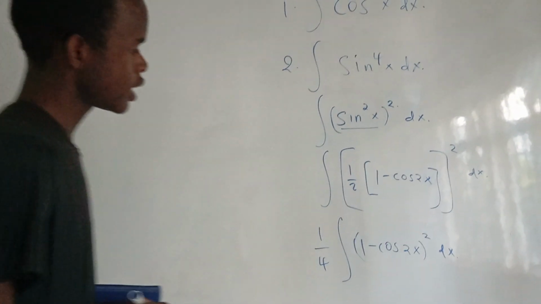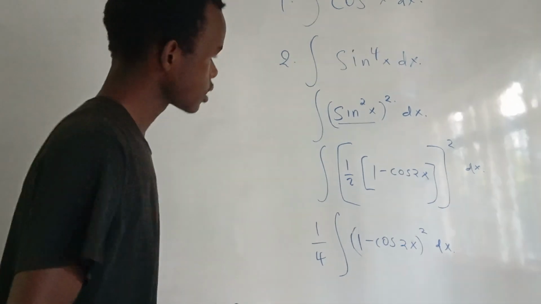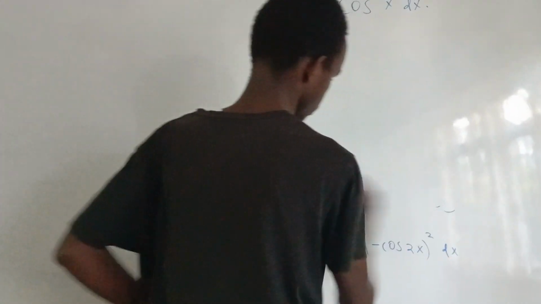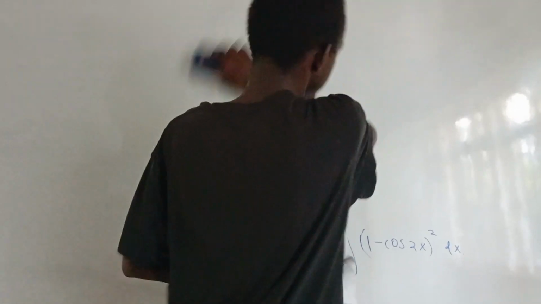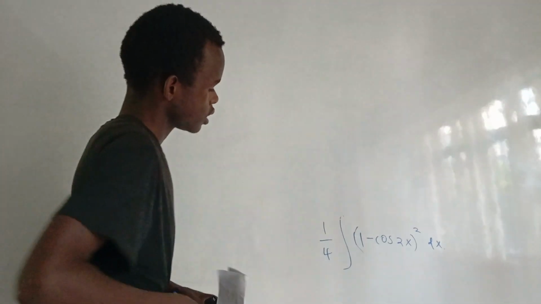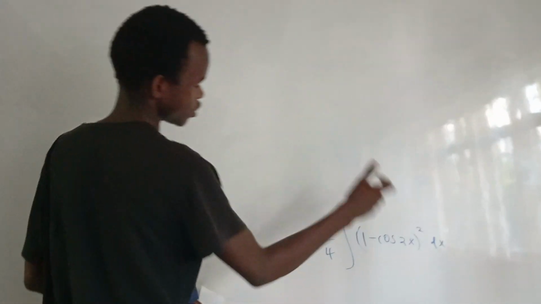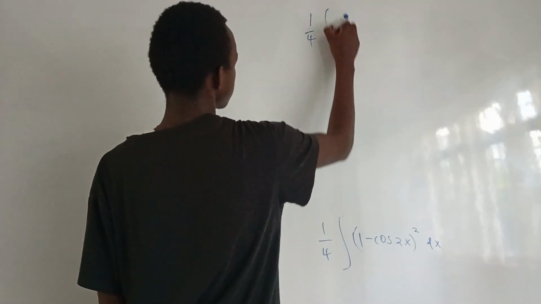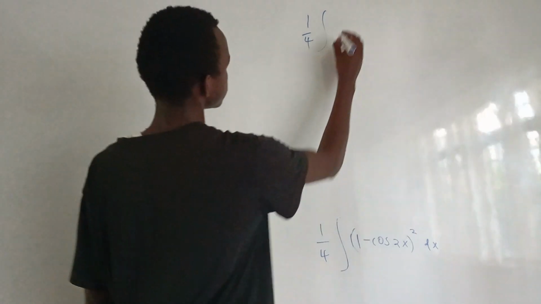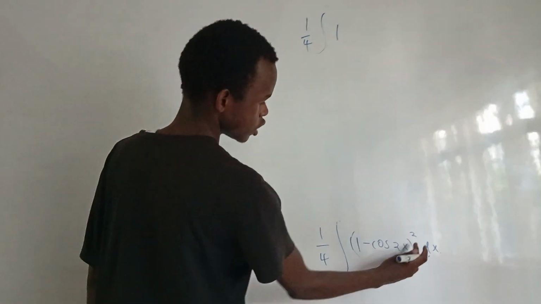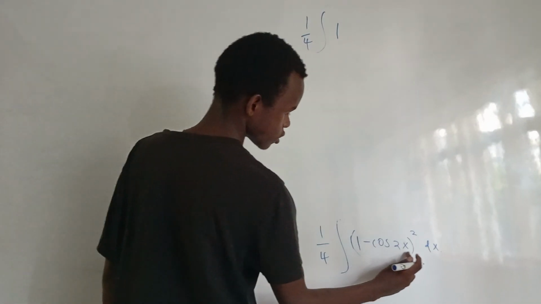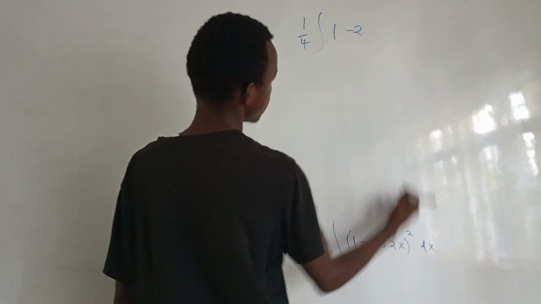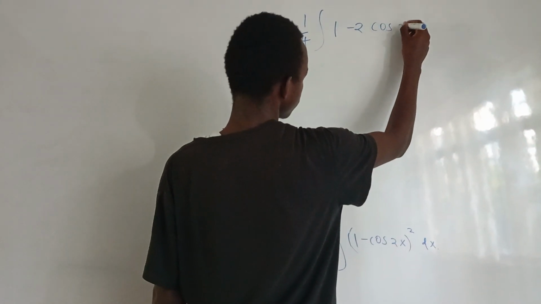So from there, let's square this. Squaring 1 gives 1, so it will be a quarter times the integral of 1. Then 2 multiplied by negative cos 2x gives negative 2 cos of 2x.